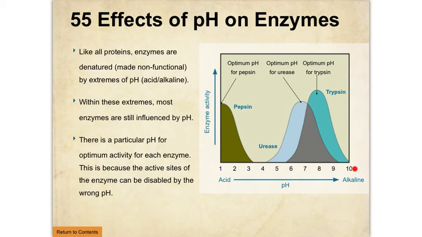Higher than that will be alkaline or basic. Notice that pepsin, which is found in your stomach, works at a more acidic level because it's found in a more acidic environment, like your stomach, right? Then you have trypsin and urease that will work at more neutral pHs.